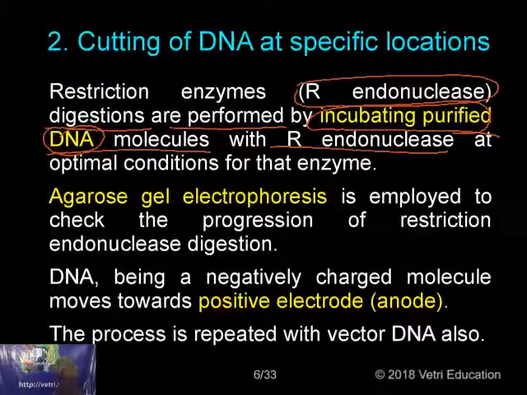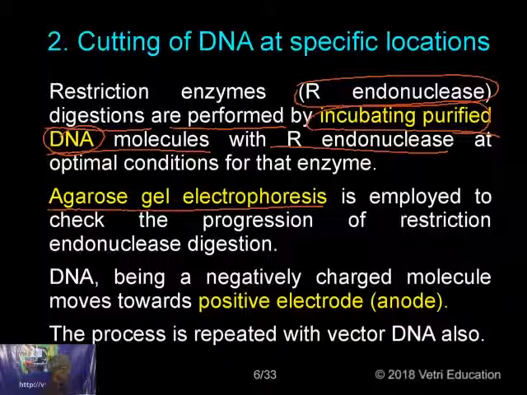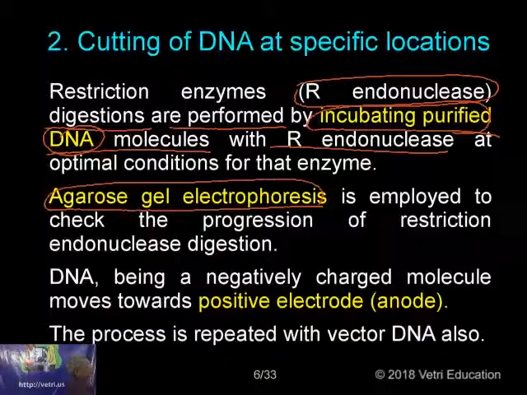Now agarose gel electrophoresis is employed to check the progression of a restriction endonuclease digestion. So this digestion process is monitored by agarose gel electrophoresis. DNA, being a negatively charged molecule, moves towards the positive electrode, the anode.